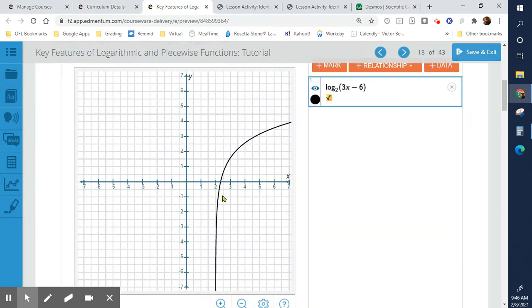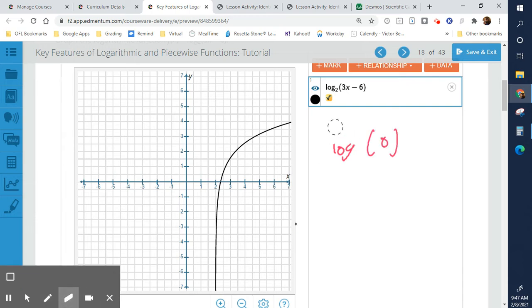Let's plot it. We can see here that our asymptotes and things change. You can see that this asymptote looks like it's at 2. And that makes sense because let's think about it. Why would this be at 2? Well, our asymptote is normally where the inside of the log is 0.